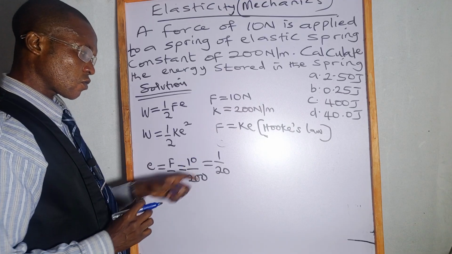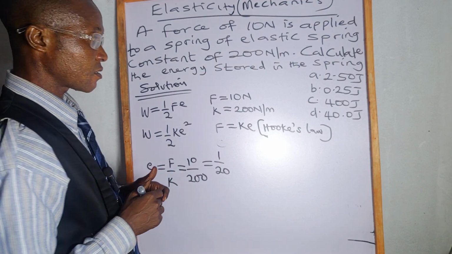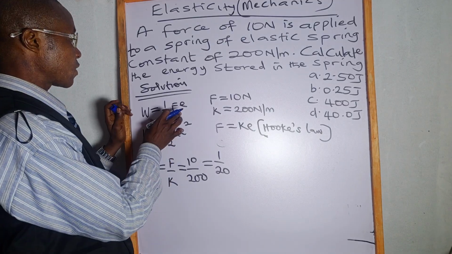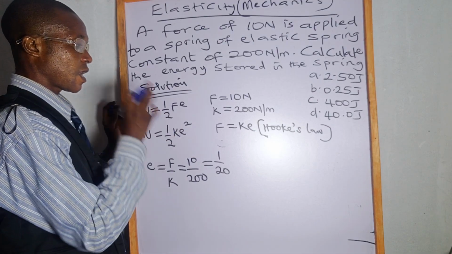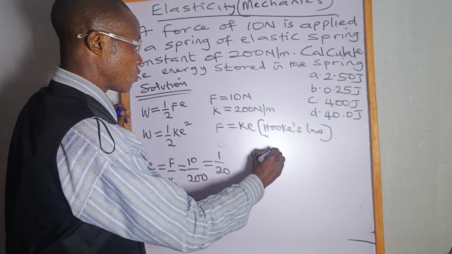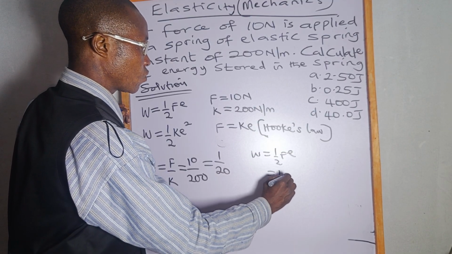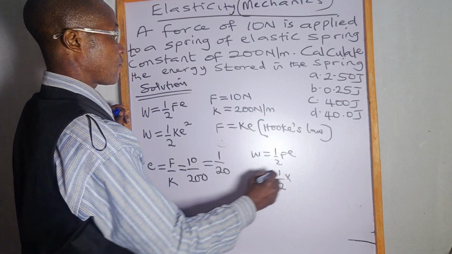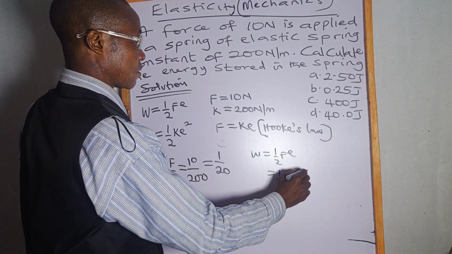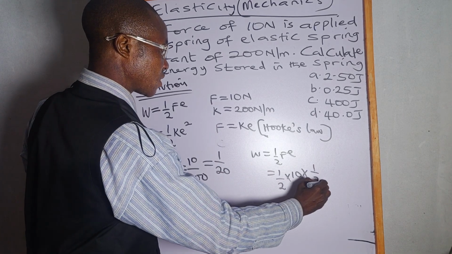As a smart student, you can just leave it like this. Since you have not gotten to your final destination, you can pick any of these formulas and get your answer. Let's pick this one. Energy U is equal to 1/2 Fe. So 1/2 multiplied by F, which is 10, multiplied by e, which is 1 over 20.